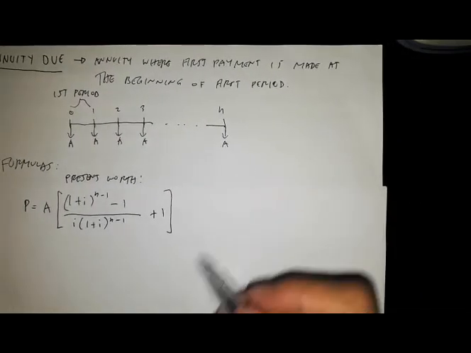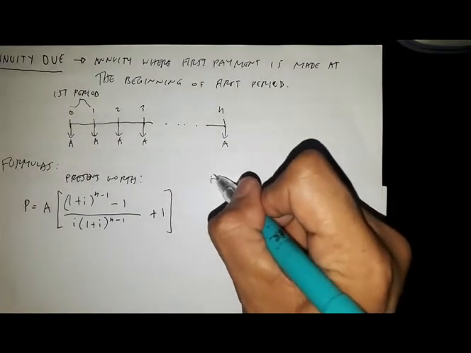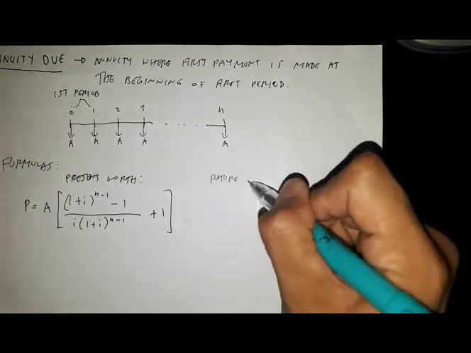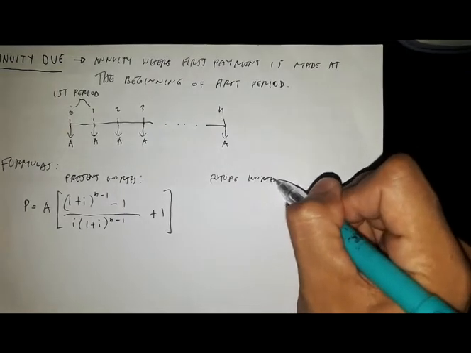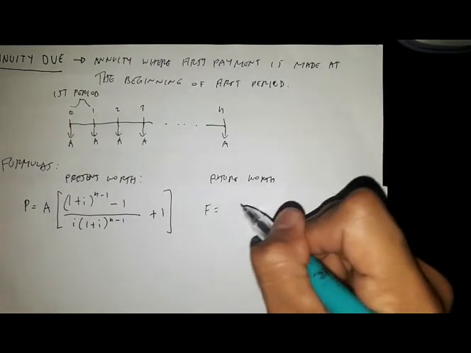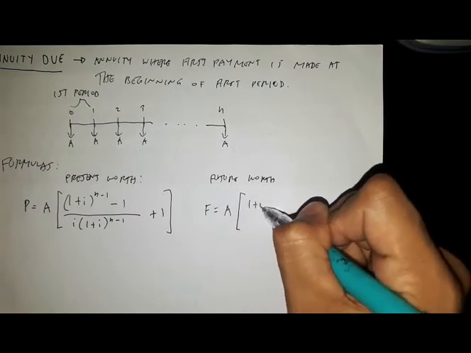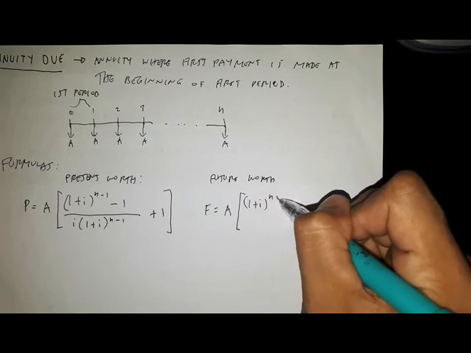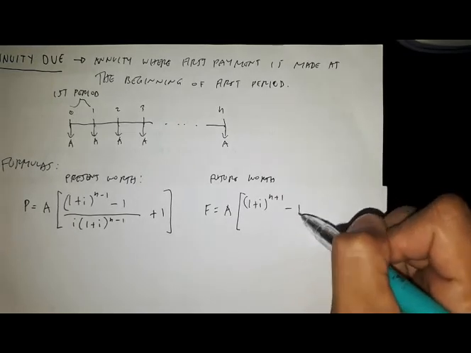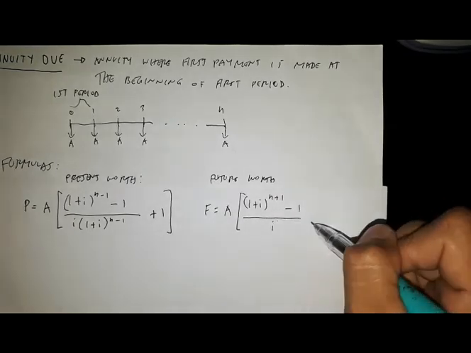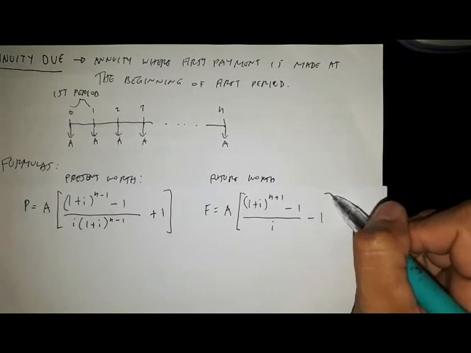While for the future worth, or F, we have F equals A multiplied by 1 plus I raised to n plus 1 minus 1 over I, minus 1.